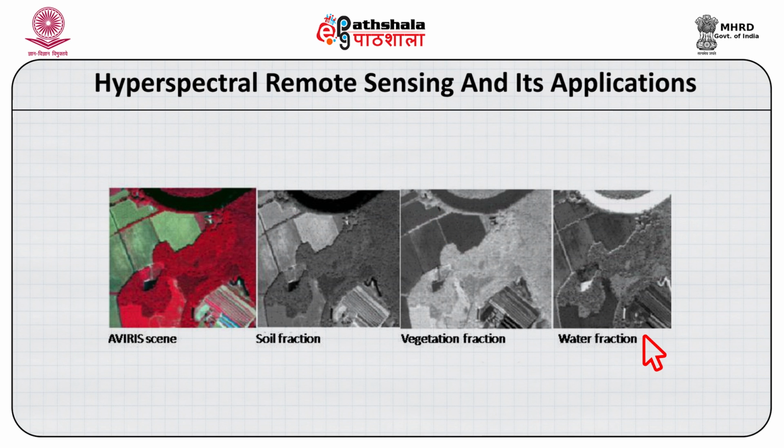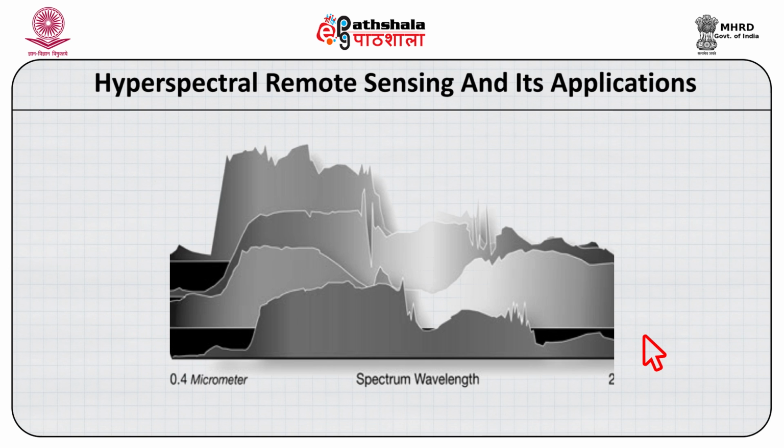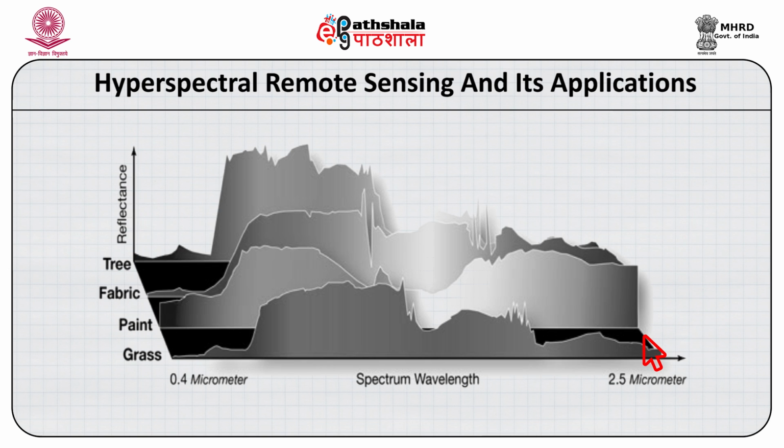So by using linear unmixing we can separate out different objects. Now, if we see figure 13, on the x axis we have the wavelength region, and on the y axis we have grasses, paint, fabrics and trees. The profile clearly shows different objects that can be separated out by using hyperspectral data.